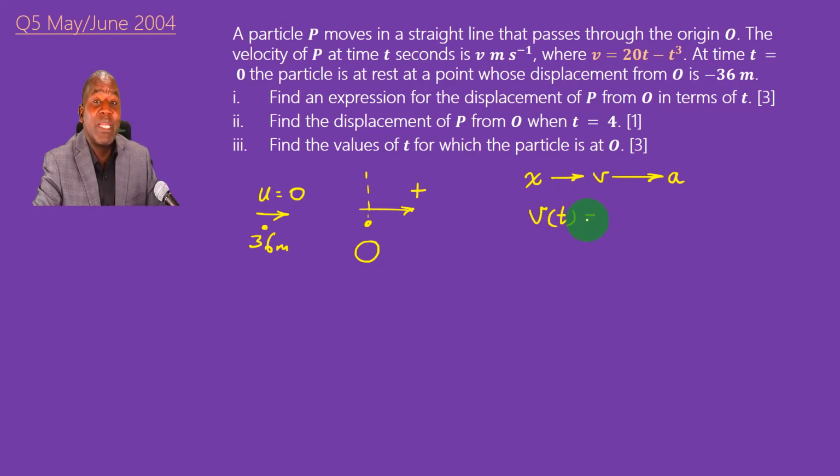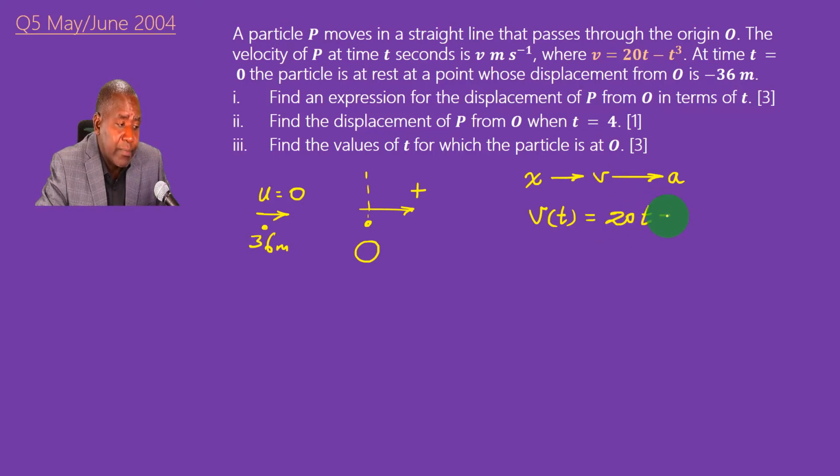So what is it that we've been given? We've been given the expression for velocity as a function of time, written like that, is 20t minus t cubed. If I differentiate it, I will get acceleration, but I want displacement, so I must integrate. So this is the same as dx/dt. x is the displacement.